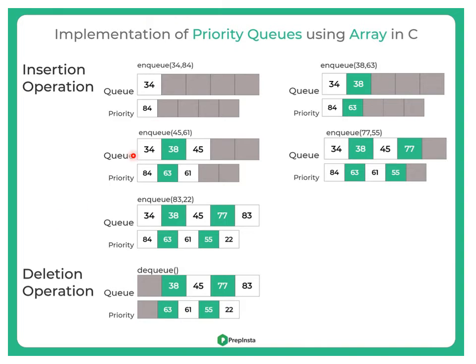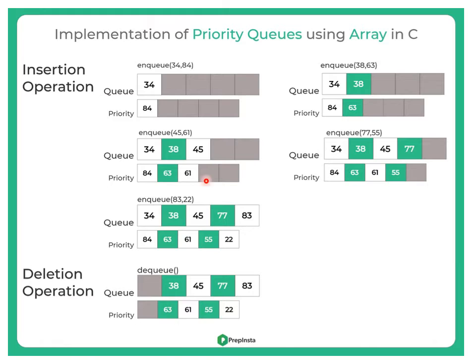Here you can see the implementation of the priority queue using an array in C. It has been shown here. See, this is the queue and this is the priority queue, that is 34 and 84. Here it is inserted at the front end. Now 38 and 63 are inserted at the rear end. Then 45 and 61.